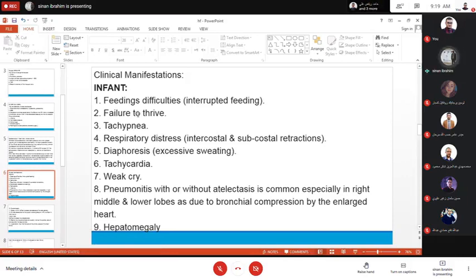So when we see the patient at follow-up thriving well, it means we are on the correct pathway and we are giving him the correct treatment.